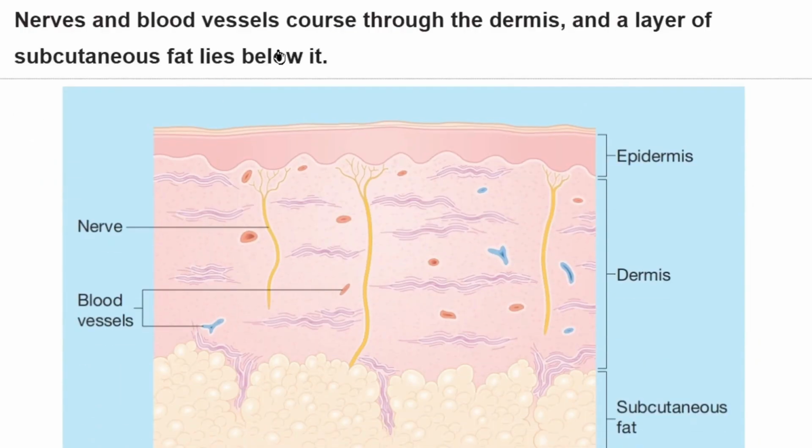Nerves and blood vessels course through the dermis, and a layer of subcutaneous fat lies below it. As we can see here, the nerves and blood vessels course through the dermis, and subcutaneous fat or hypodermis is beneath them.